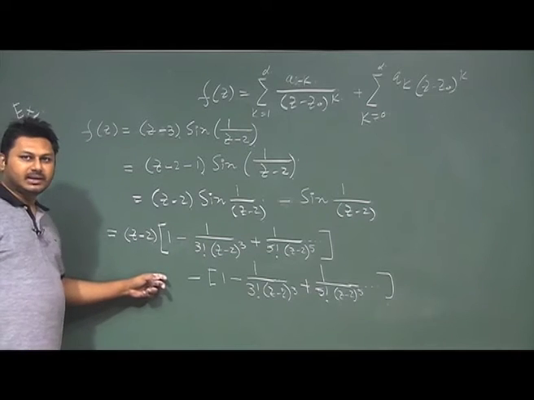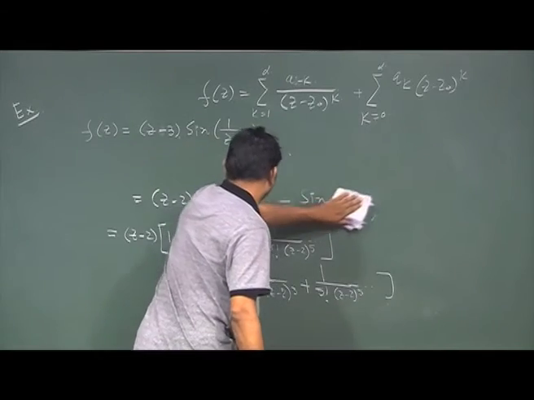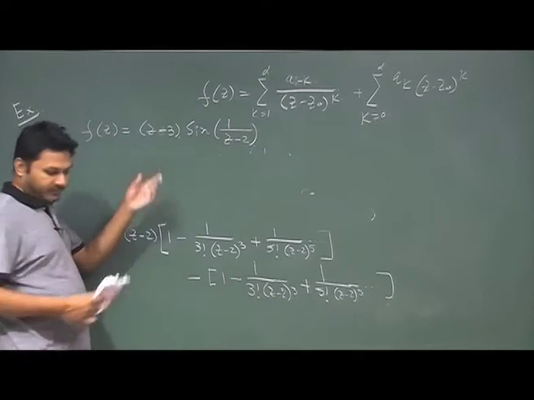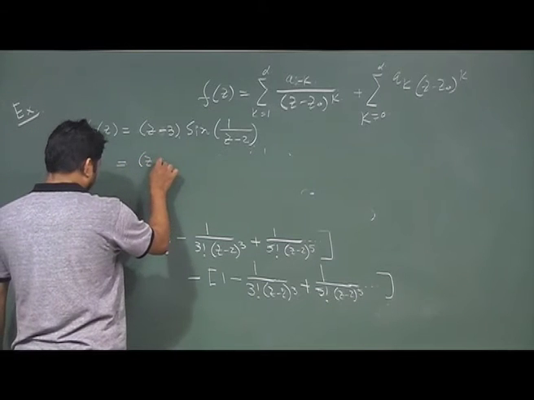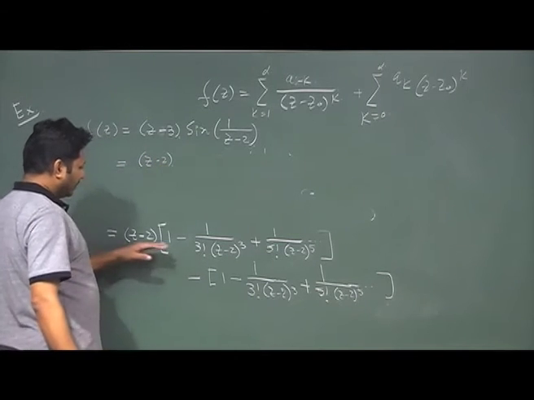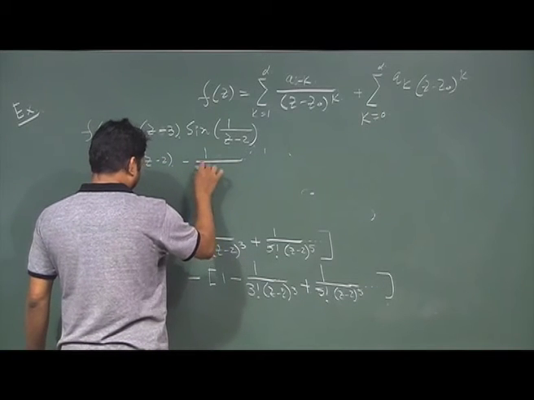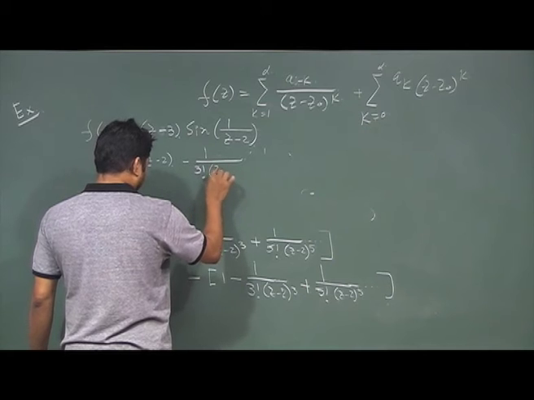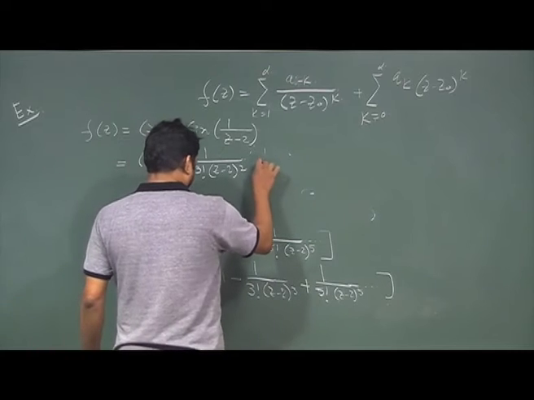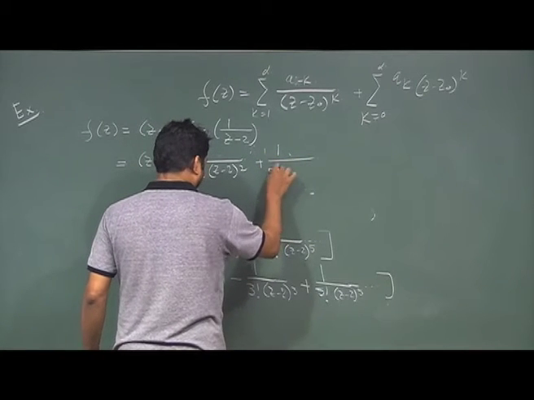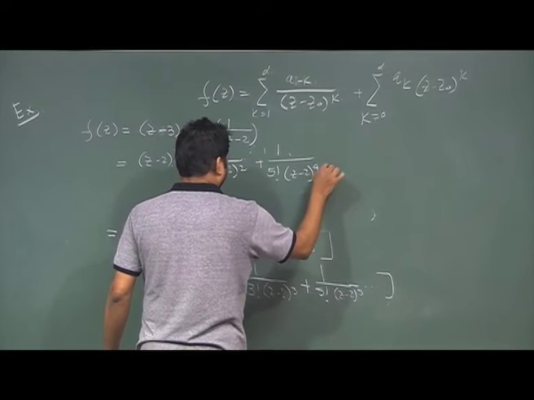So, I separate out two parts, and if I write it here finally, this function is represented like this: the first part is (z minus 2), then the next part is 1 divided by factorial 3 (z minus 2) square, then plus 1 by factorial 5 (z minus 2) to the power 4 and so on.